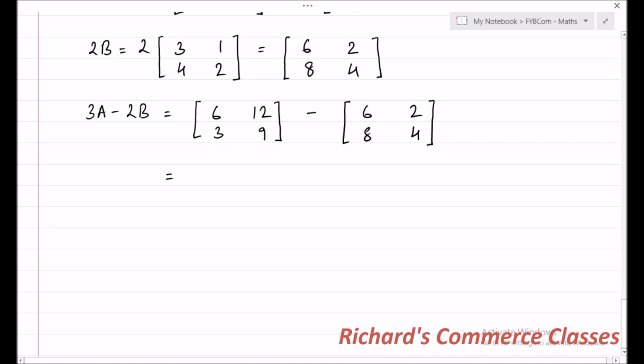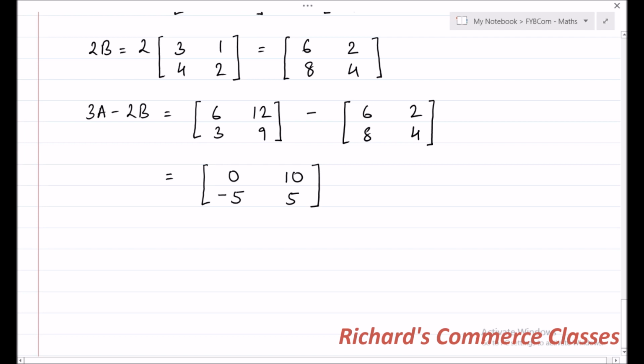It will be 6 minus 6, which is 0, 12 minus 2, which is 10, 3 minus 8 is minus 5, and 9 minus 4 is 5. This was subtraction of two matrices.